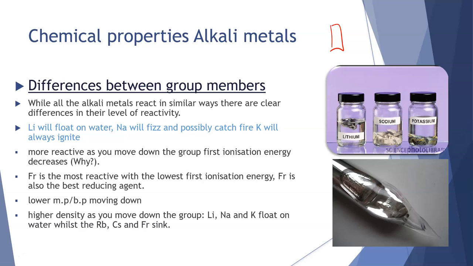The density, and remembering that density is given as mass divided by volume, also increases as we move down. Sodium and potassium will float on water, whereas rubidium, cesium, and francium sink. So the density increases as we move down the group as well.